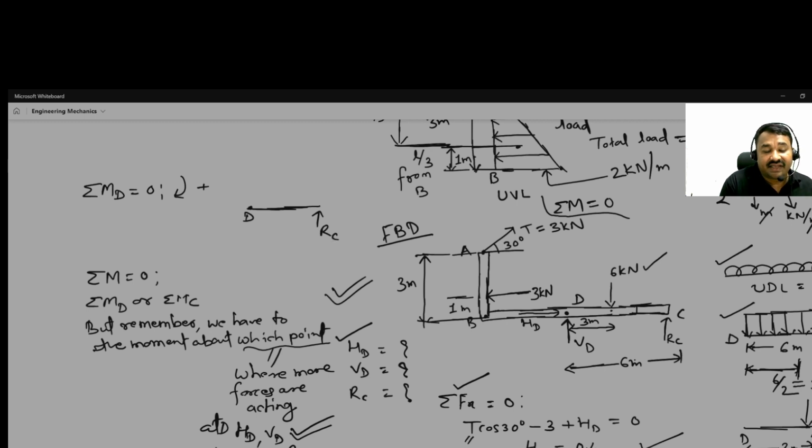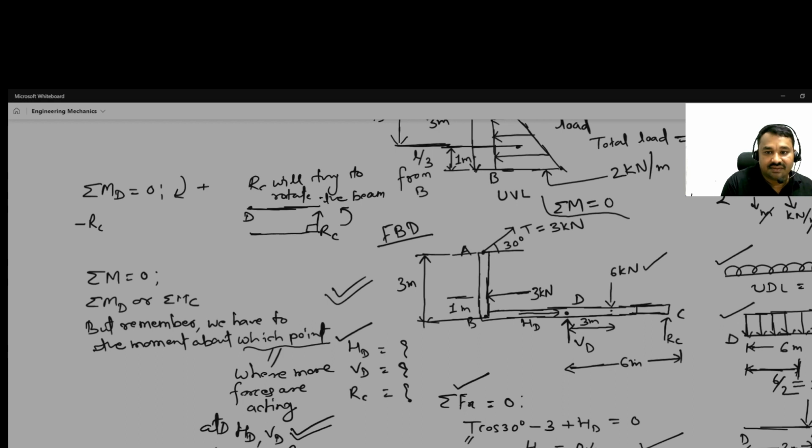So RC will try to rotate the beam anti-clockwise. Okay, anti-clockwise, this one. So that's why we need to take RC with minus sign, and from D, the perpendicular distance we have to take.